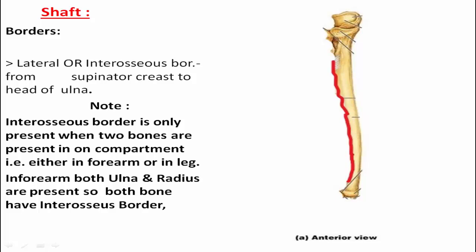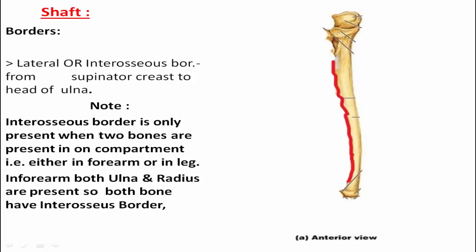In the upper limb, in the forearm region, the ulna and radius are situated in one compartment. So this border is called interosseous border. This bone is a medial sided bone, so the interosseous border is on the opposite side, that is the lateral side. In the radius, it is a lateral sided bone, so the interosseous border is on the medial side.